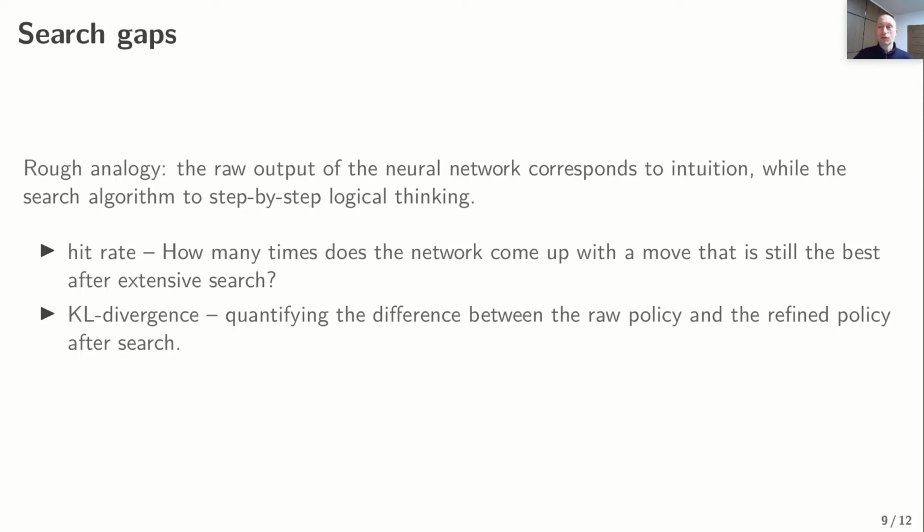And if you want to refine that, a good candidate is the Kullback-Leibler divergence, which is used for comparing probability distributions. So we don't just ask whether we hit the best move after the search, or whether the search changes the predicted best move.